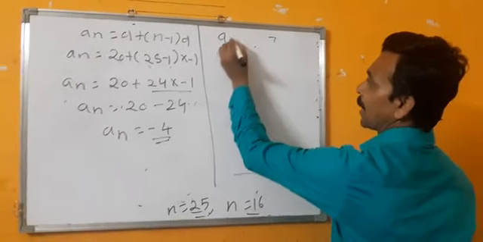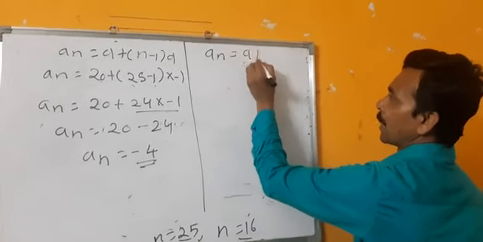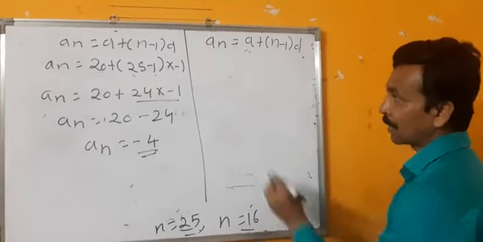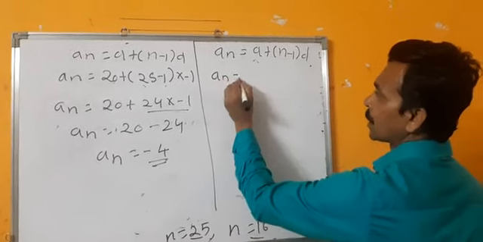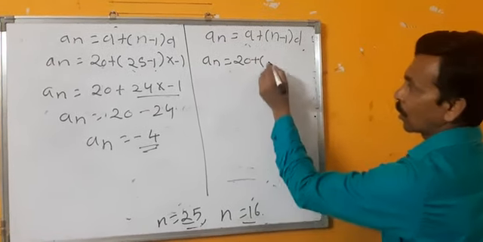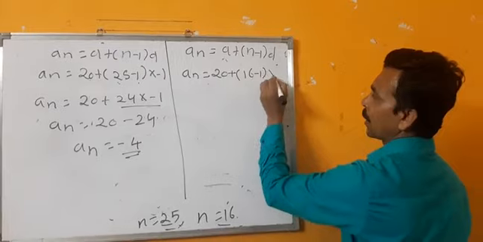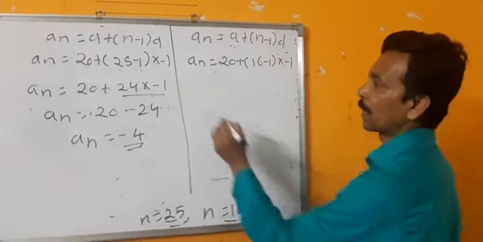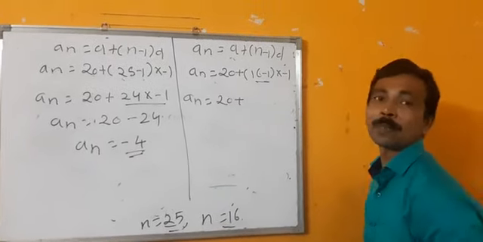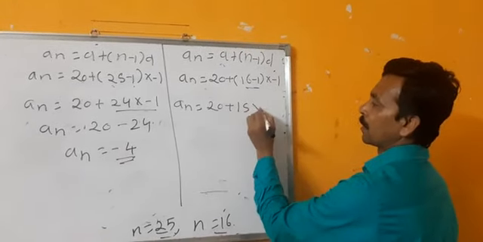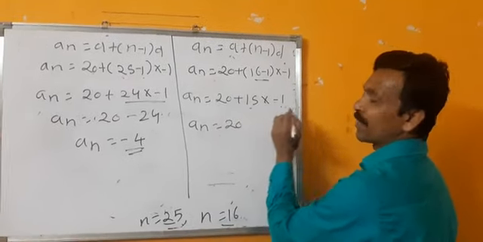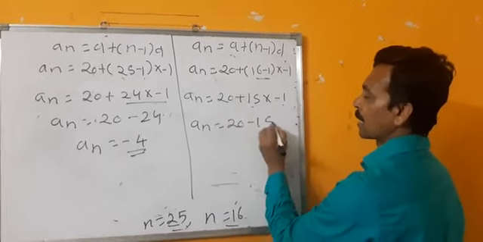So I will take again An is equal to a plus n minus 1 into d. An is equal to a, which is 20, plus n, which is 16, minus 1, into d, which is minus 1. An is equal to 20 plus 15 into minus 1, which is minus 15.